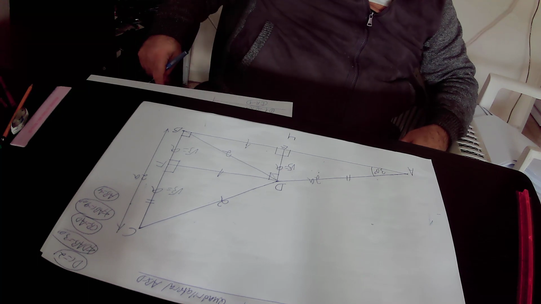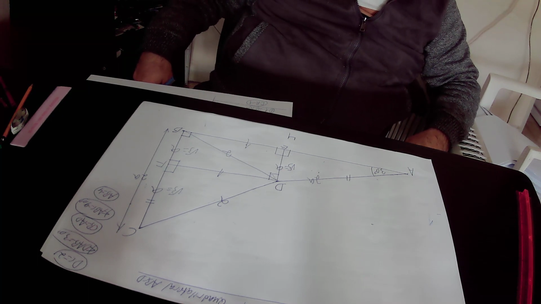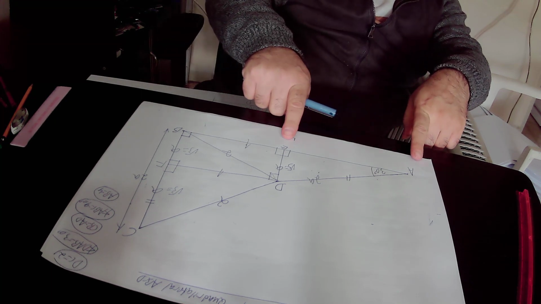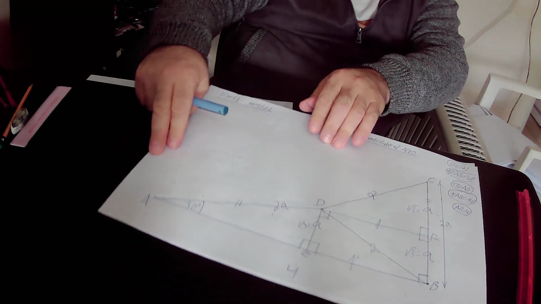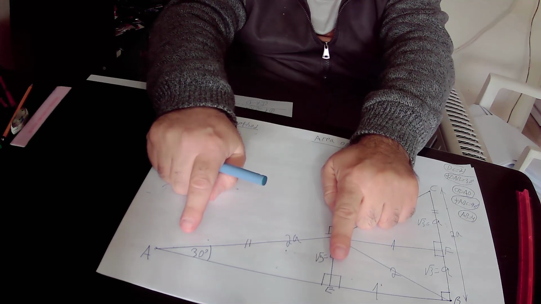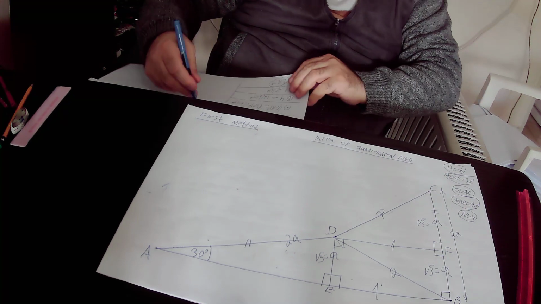And what is the value of line segment AE? You can see easily from the drawing that the value of line segment AE equals AB minus EB.